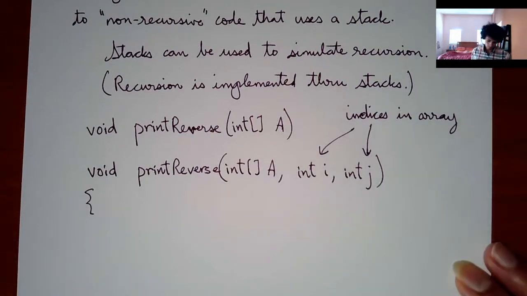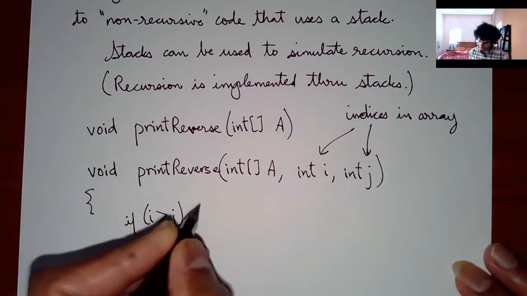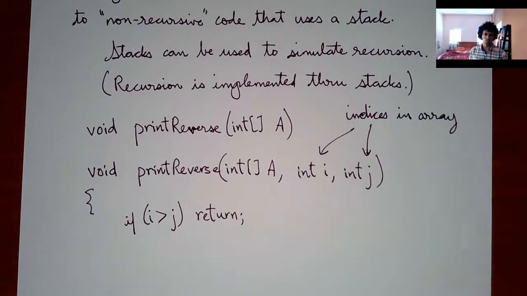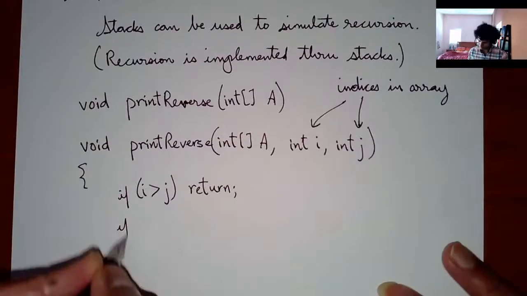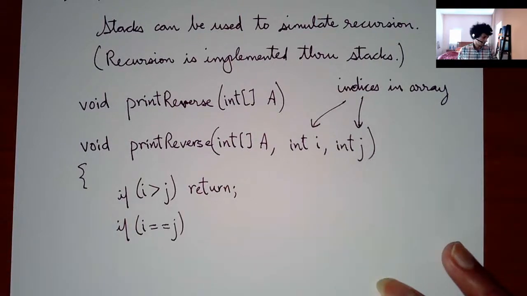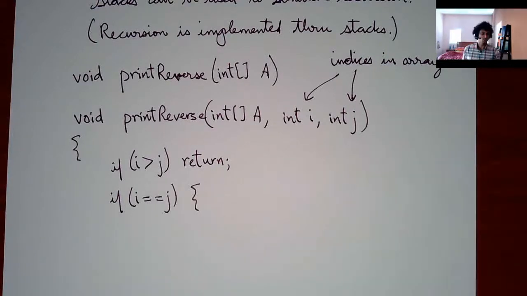Right? So firstly, I'll say if i is greater than j, then just return. Because that doesn't make sense. This is just for safety. I'll say if i is equal to j, this is the base case, then I'm just going to write it out in one line over here so that I can conserve space.